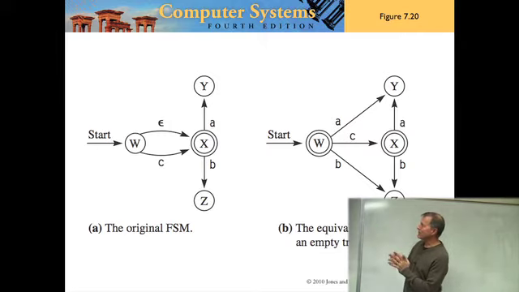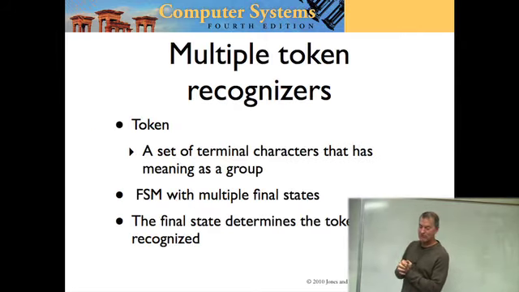Okay, today we really do need to get to some new material. Today we're going to do multiple token recognizers. You have a program due, I guess not till Thursday, so we're in pretty good shape.